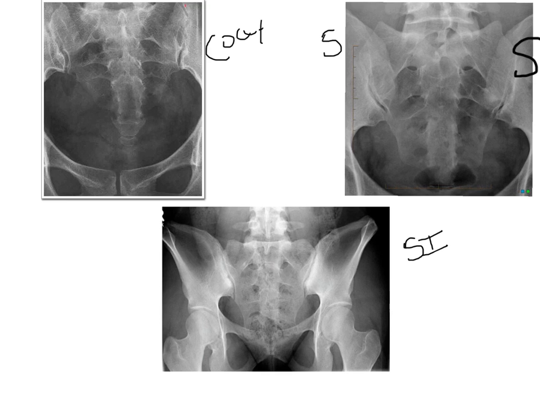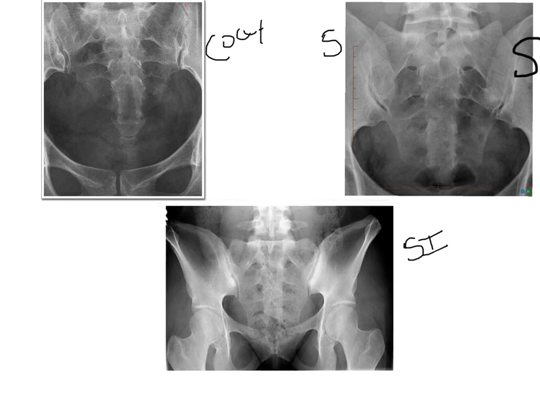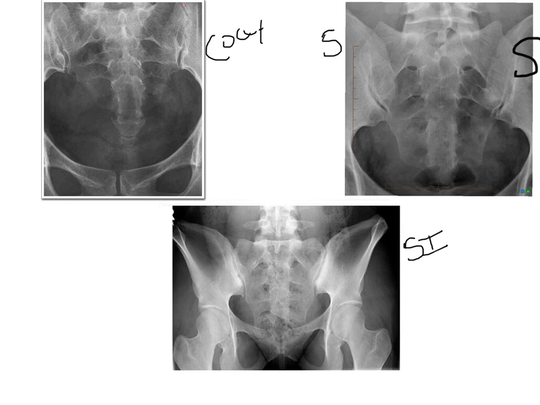At the bottom of your screen, this projection here is your AP axial SI joints. Now, you will see that again we have angled our tube, so we are going to have some foreshortening. We do have foreshortening of these iliac crests as well as this pelvic brim here.